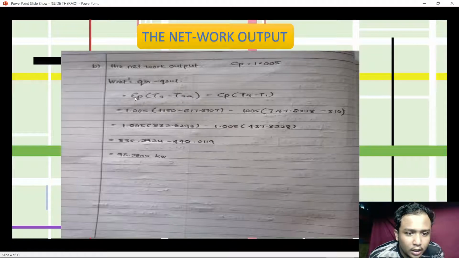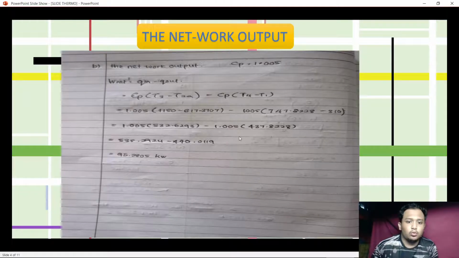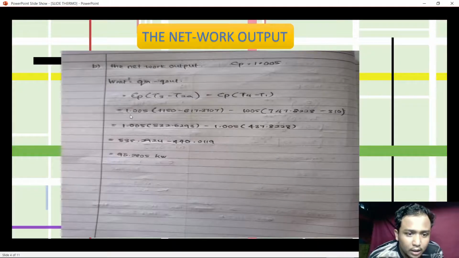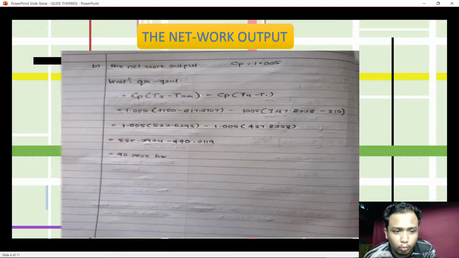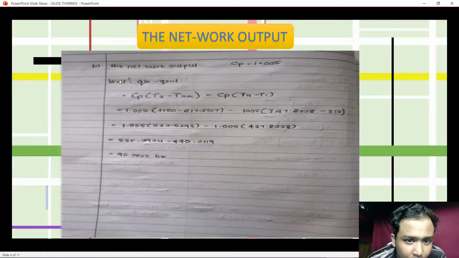So we expand the formula: Cp (T3 minus T2a) minus Cp (T4a minus T1). So we put the value in the formula and we get the net work output is 95.2805.